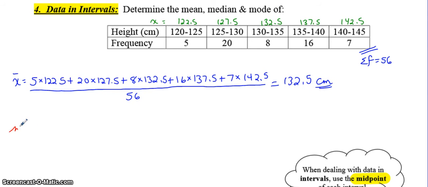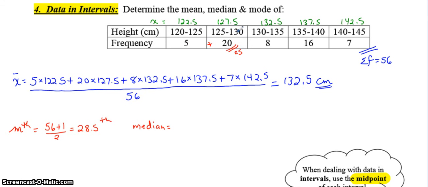For your median, the mth position is 56 plus 1 divided by 2, which is 28.5. So we're looking in between the 28th and the 29th piece of data. So start counting up. 5 pieces of data plus 20 gives you 25.